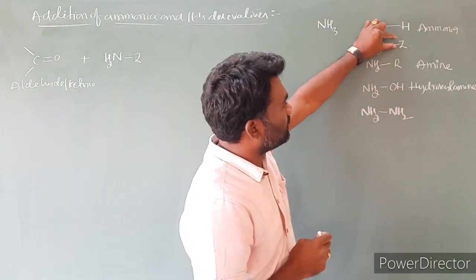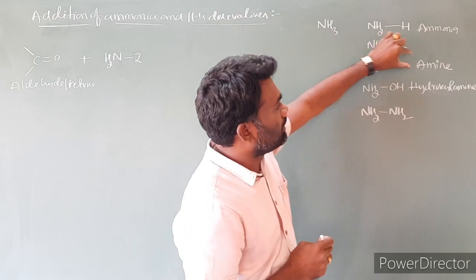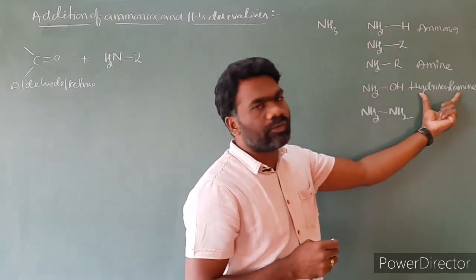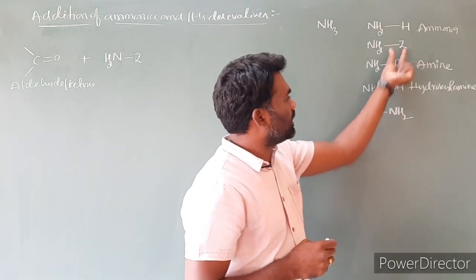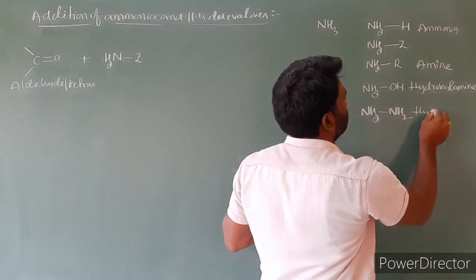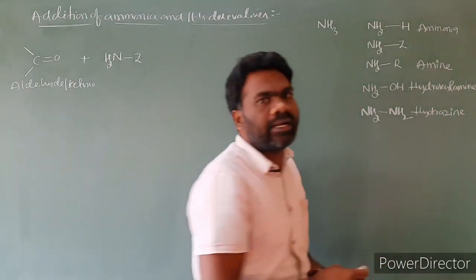So what is the Z I kept here? R, we call it an amine. In the place of Z I wrote OH, I call it a hydroxylamine. In the place of Z I wrote NH2, we have to call it a hydrazine.